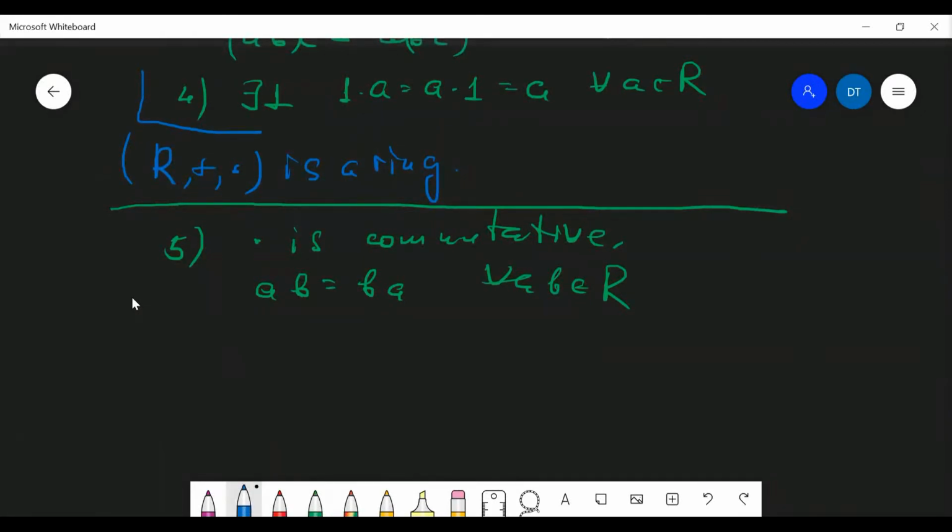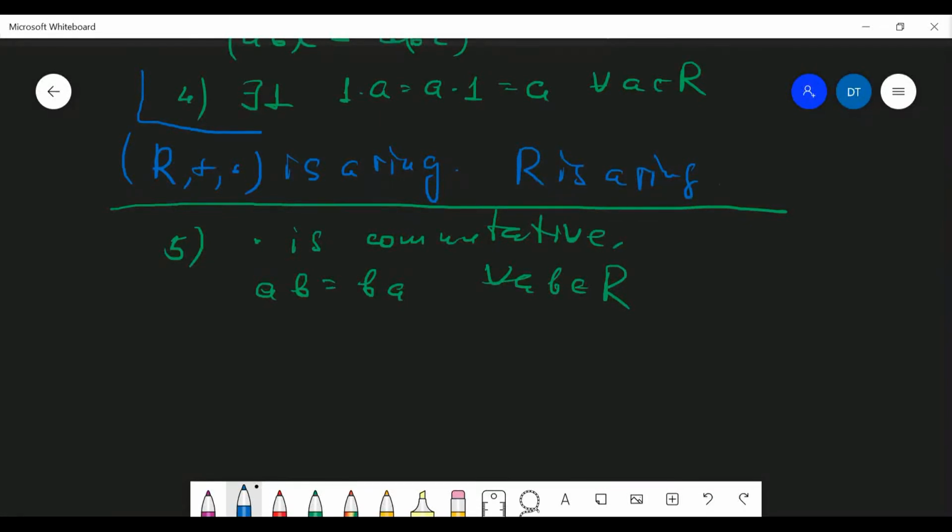Moreover, as with the groups, if we are given a ring, which means we are given things like a set and two operations, we'll simply say that R is a ring, assuming that this set R has the corresponding operations plus and dot.